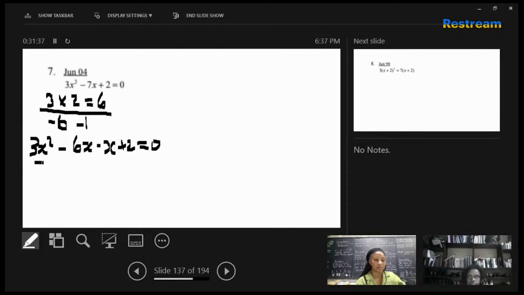The common factor is 3x, so that would be x minus 2, since 3x into -2 is -6x. And the second common factor is -1, so -1 into -x is x, and -1 into +2 is -2.